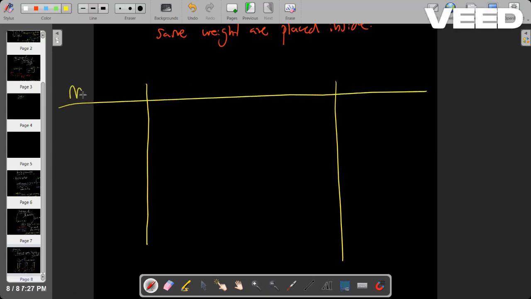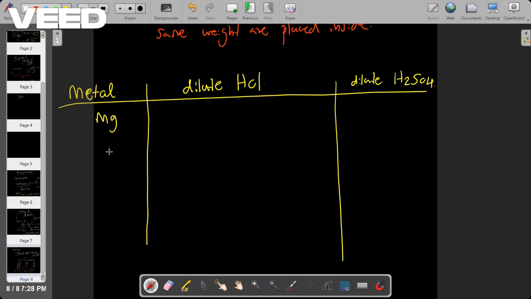The metal, dilute HCl, dilute sulfuric acid. And here we have magnesium, iron, zinc.